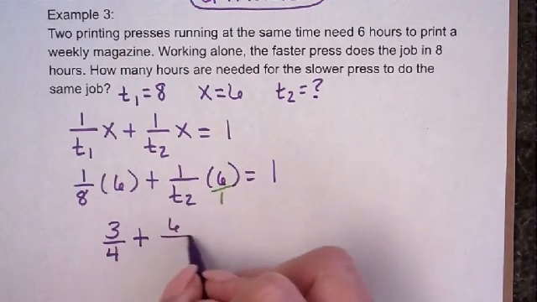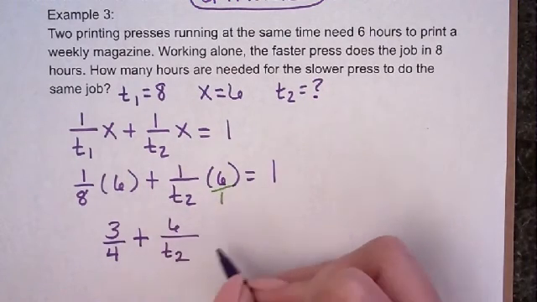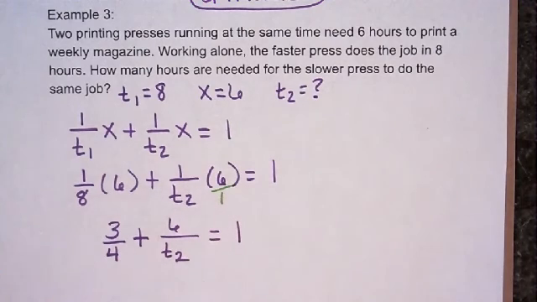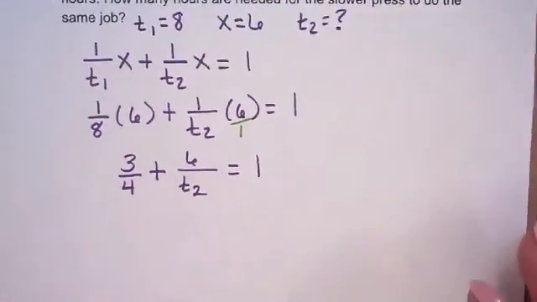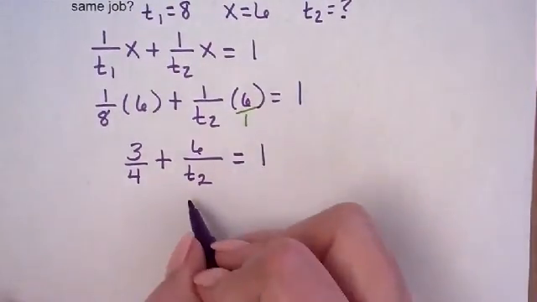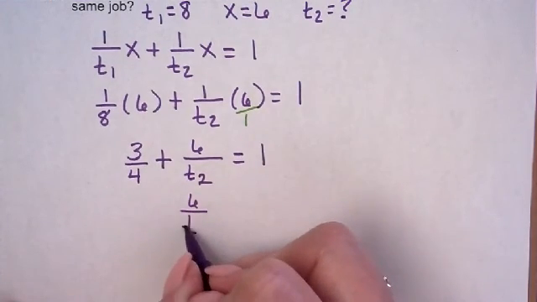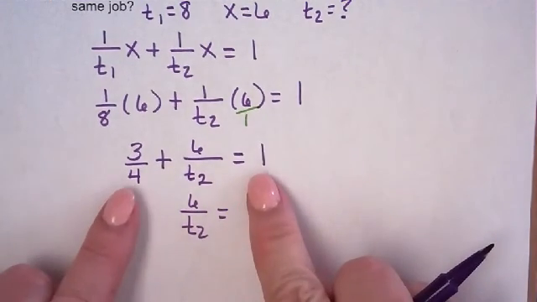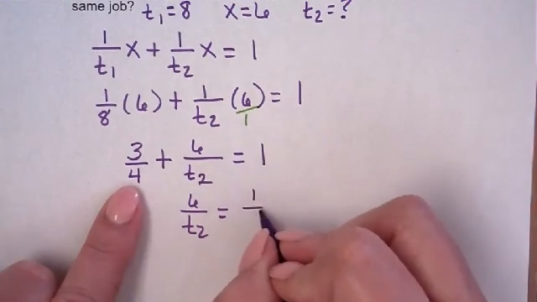The 1 times T sub 2 is just that, equal to 1. Now, I need to subtract the 3/4 from both sides. So I'm going to have 6 over T sub 2 equal to 1 minus 3/4, which is 1/4.